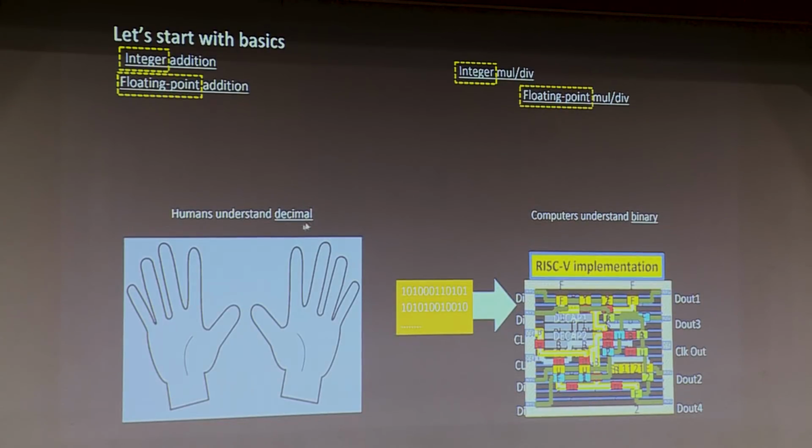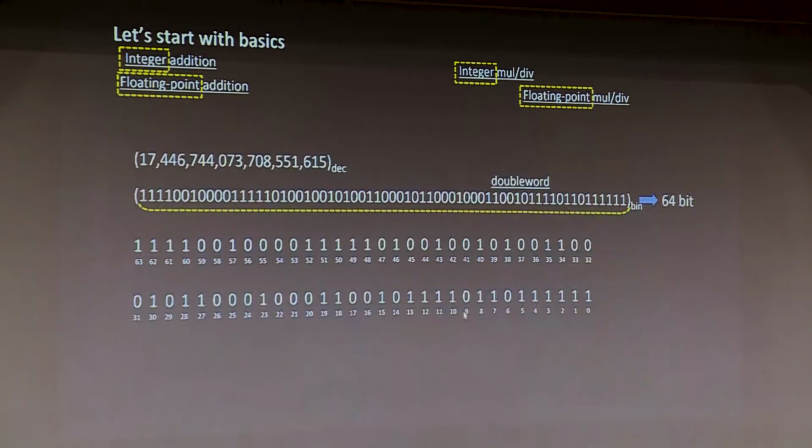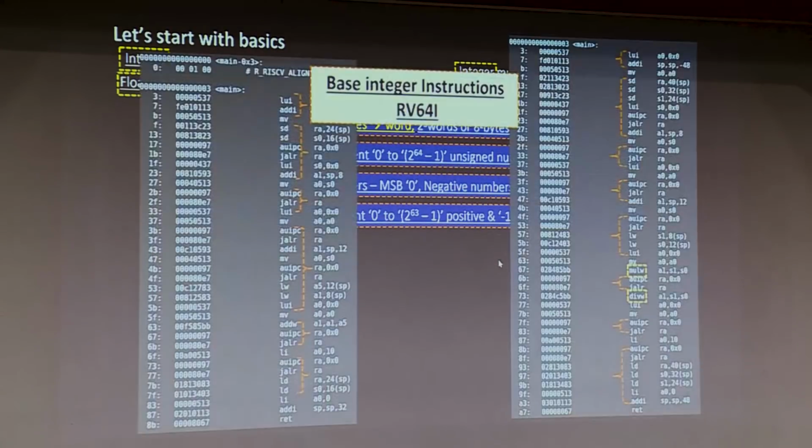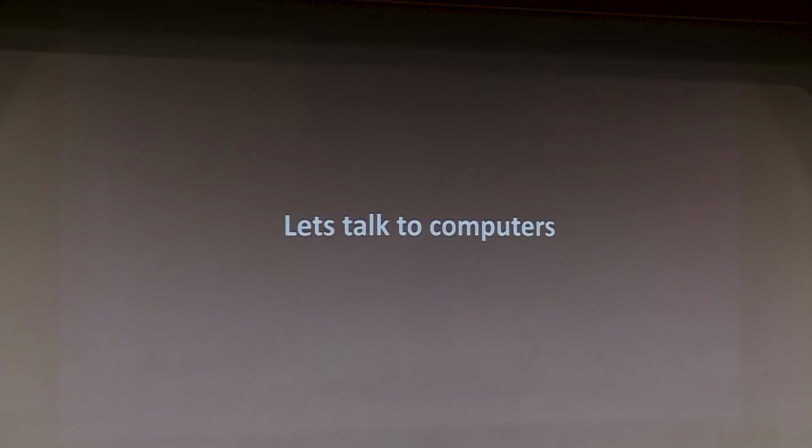Humans understand decimal format and the computers understand binary, so there has to be an interface that converts from something from decimal to binary. The entire 64-bit number is being called as the double word. So these four are really very important points with respect to the integers, and instructions which operate on these kind of numbers, they are called as base integer instructions, which is RV64i.